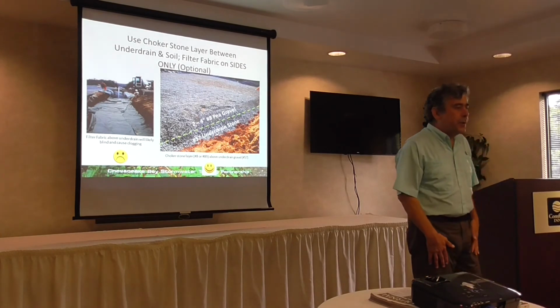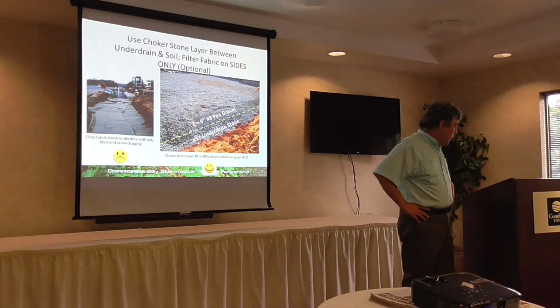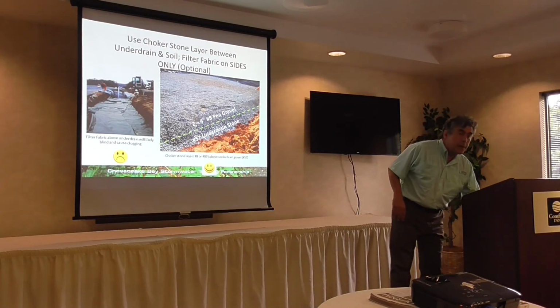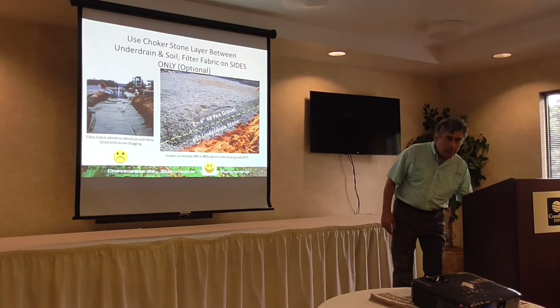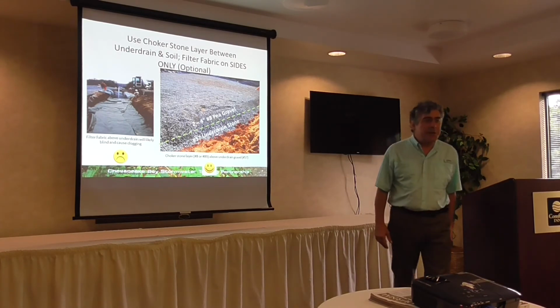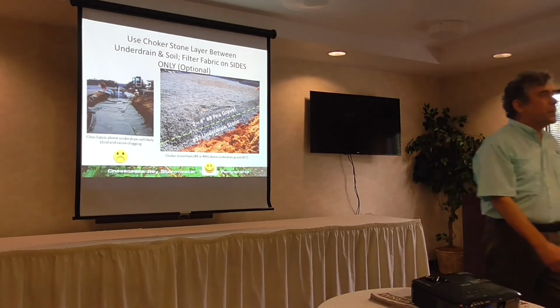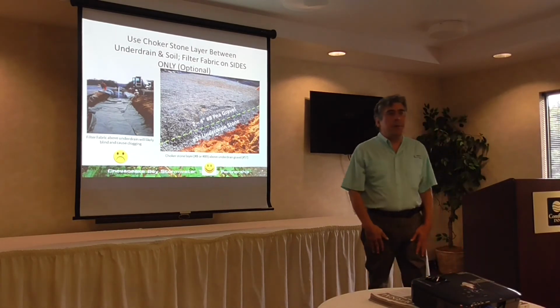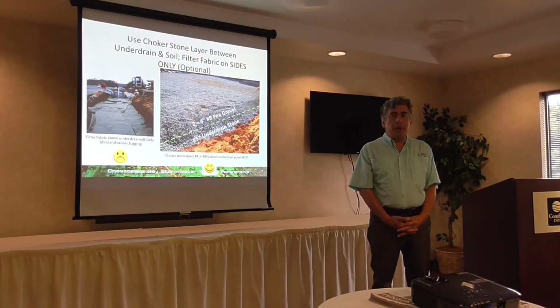The other issue, again, we all learn in engineering pretty much by mistakes, and the original bioretention design spec that somebody else wrote, not me, showed the filter fabric on the bottom. And why is that a problem? It creates what we call a plane of clogging.